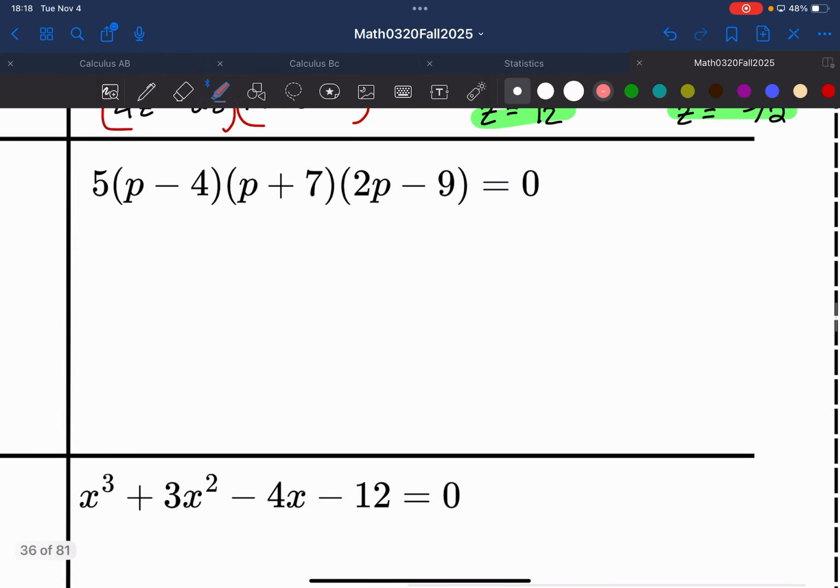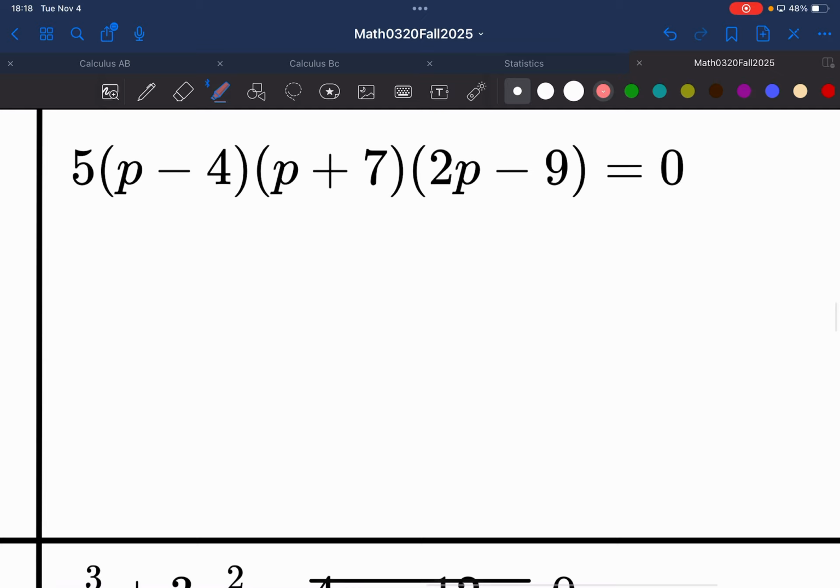Okay, so go ahead and try this one. Okay, give you guys a minute. Remember, we're setting everything equal to 0.